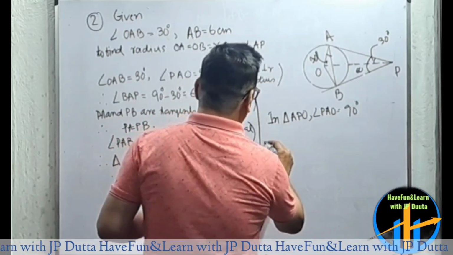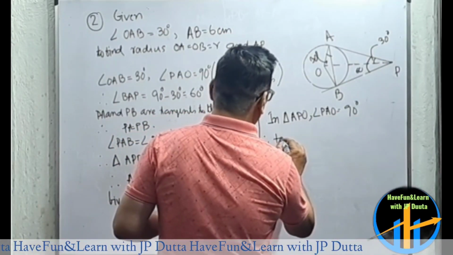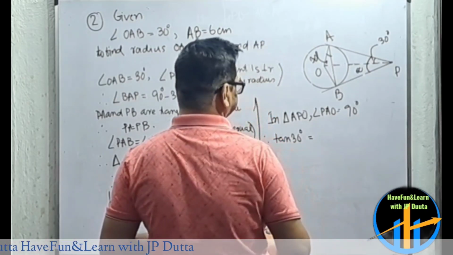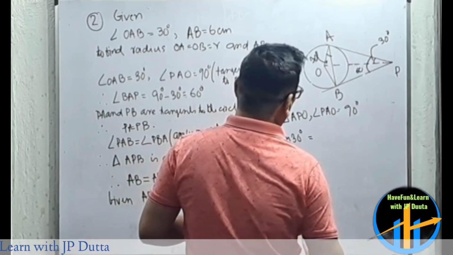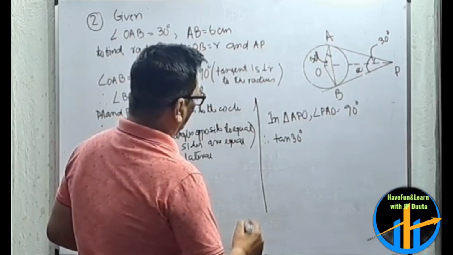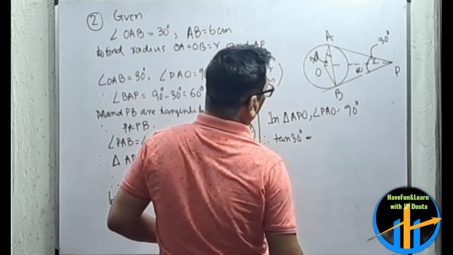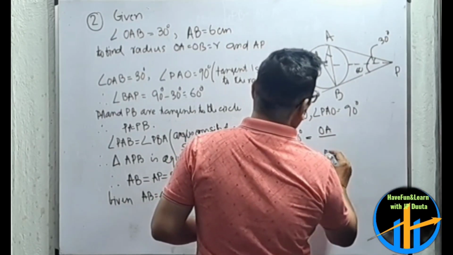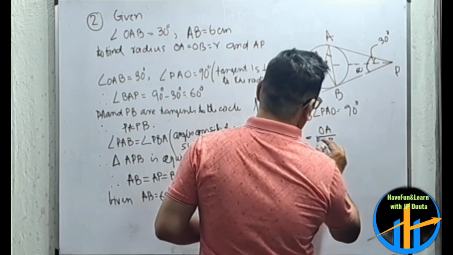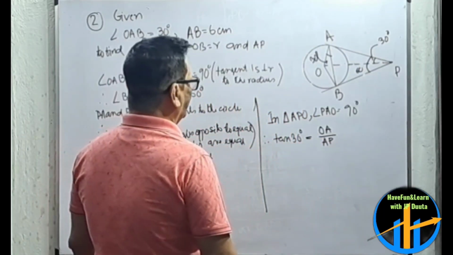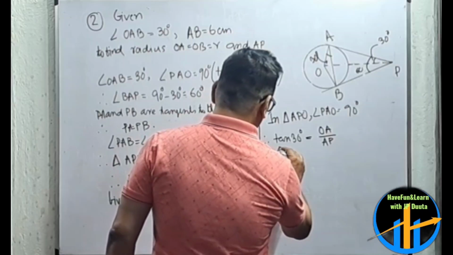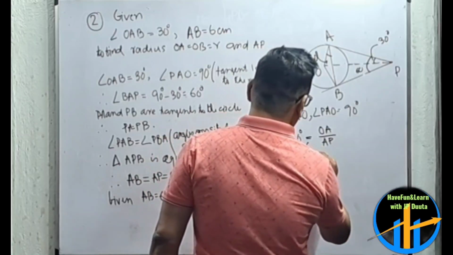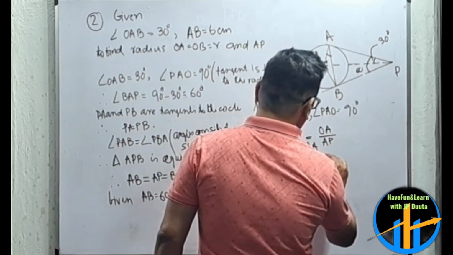Correct? Therefore, tan 30 degrees is equal to OA by AP. Now tan 30 degrees is 1 by root 3. Therefore 1 by root 3 is equal to OA by AP.